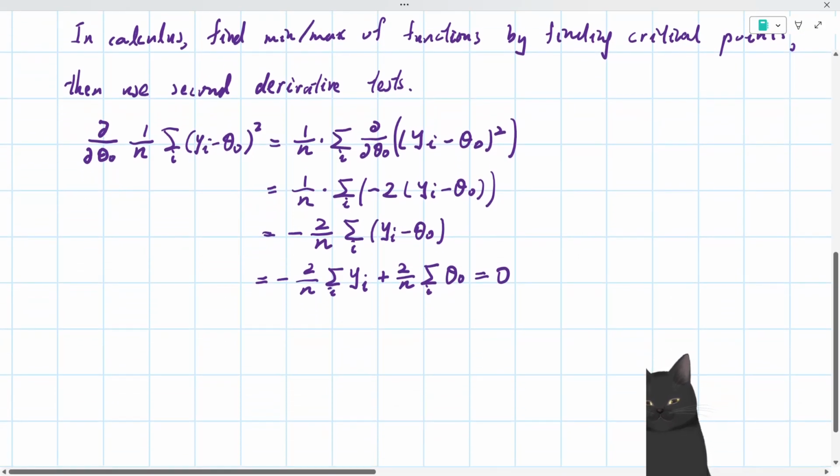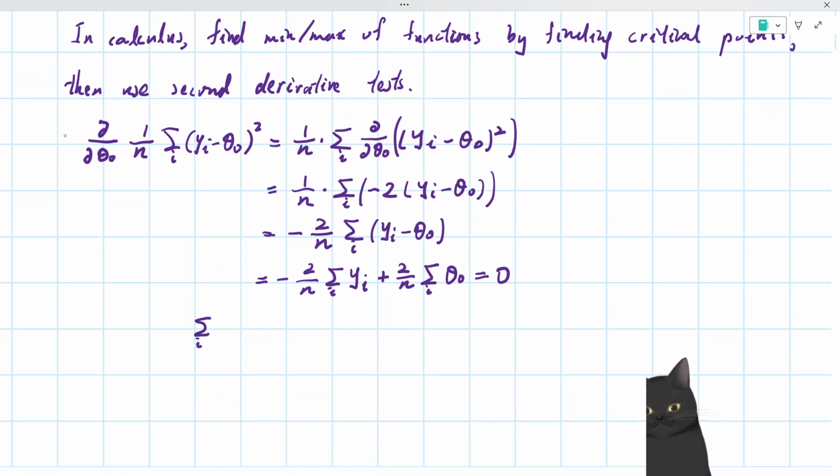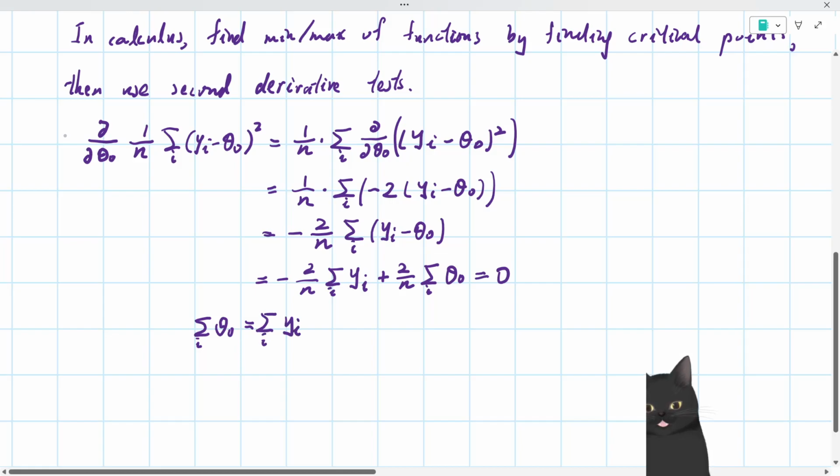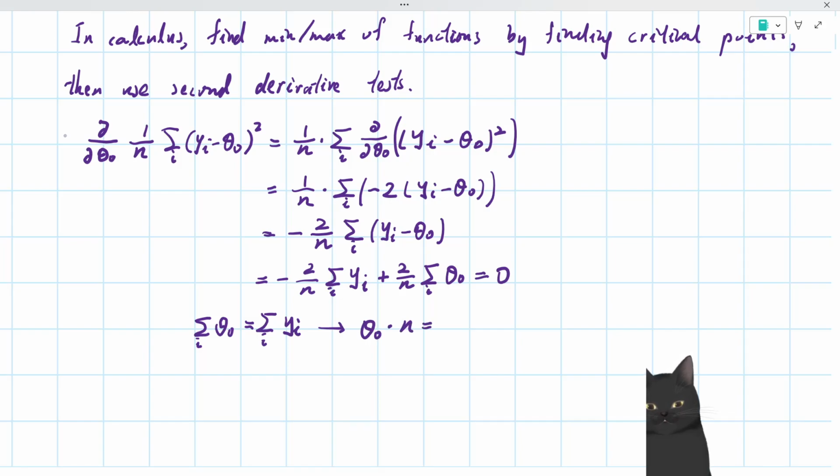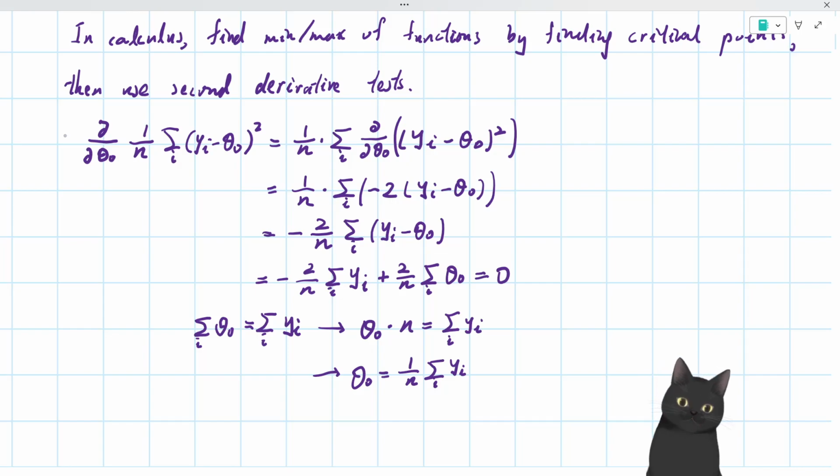So let's massage this expression a little bit more, and we'll find that the sum from i equals 1 to n of theta naught is equal to the sum from i equals 1 to n of yi, and therefore theta naught times n is equal to the sum of all actual values, and therefore theta naught is equal to the average, which is 1 over n times the sum of all actual values.